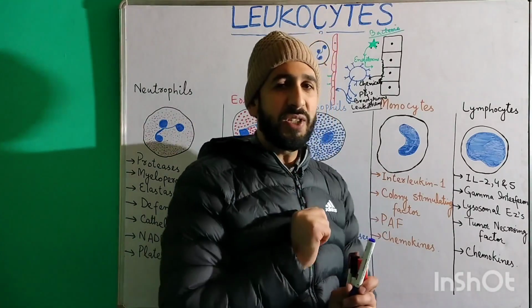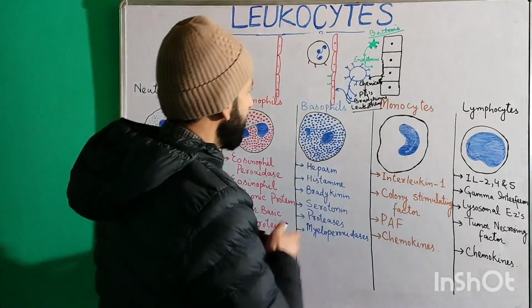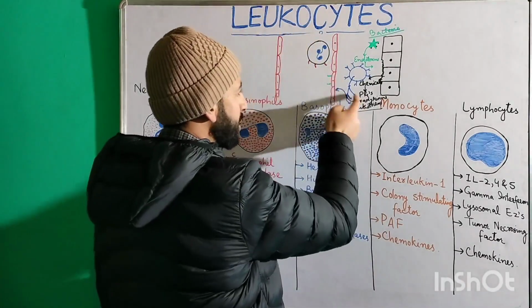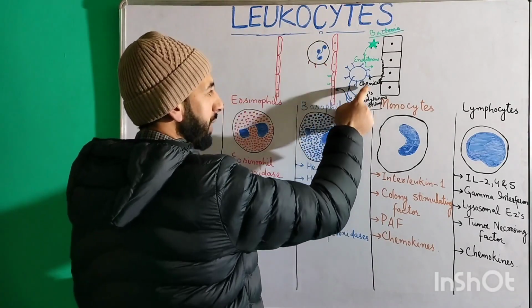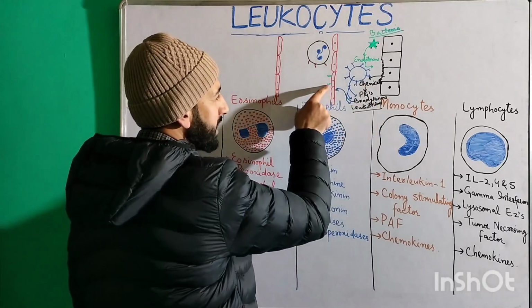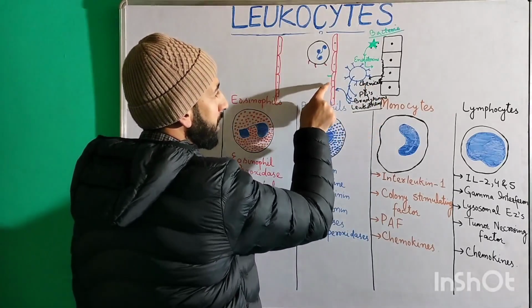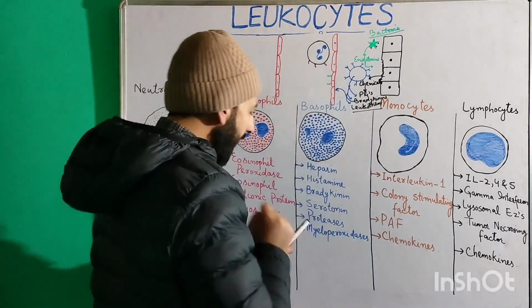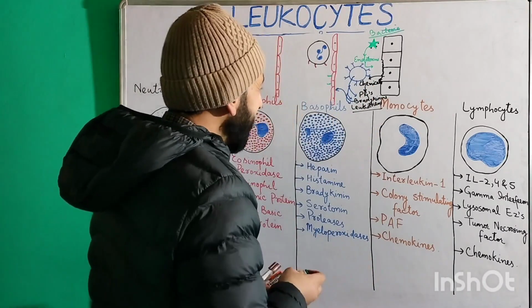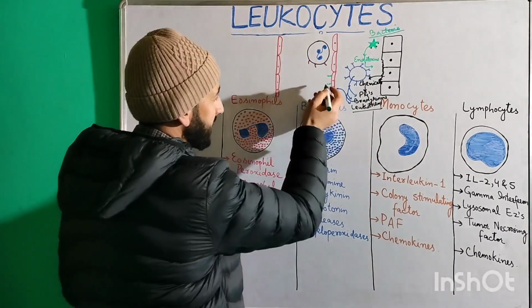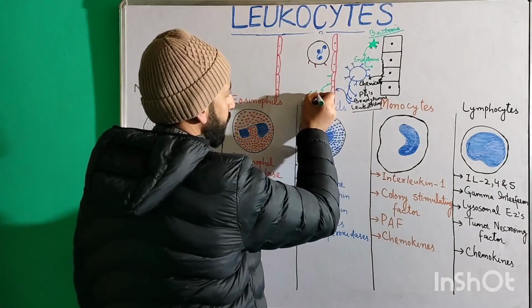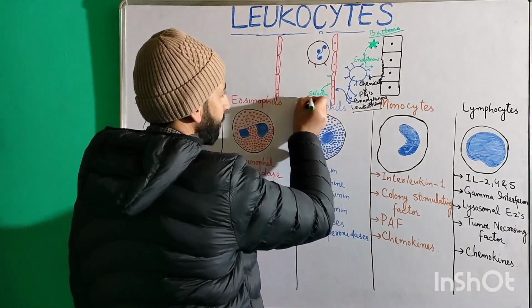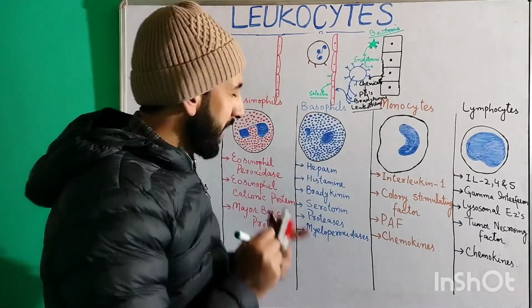Now what will be the changes? The first thing is, as soon as the endothelial cells are activated, or stimulated by all these chemicals, they start expressing this protein on their membrane. And this protein, which is expressed by these endothelial cells, is called selectin.